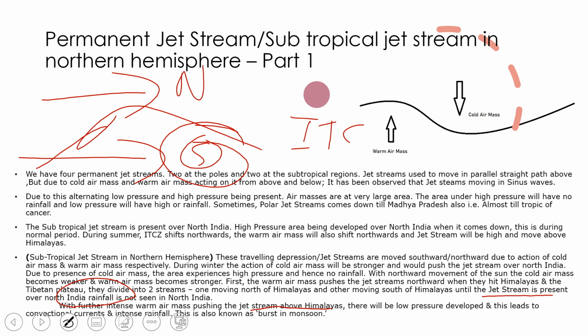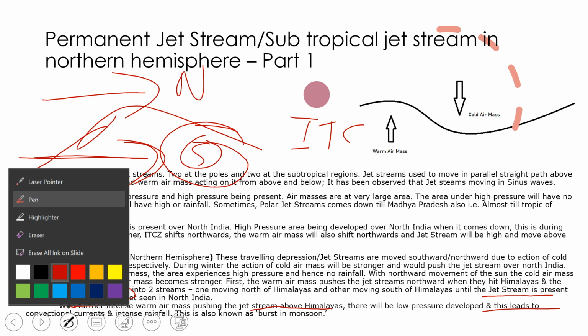The polar wind is cool, and it will get heated up suddenly, the jet stream above the Himalayas. As soon as it heats up, intense low pressure develops, which leads to convection currents and intense rainfall. This is known as the burst of monsoon.